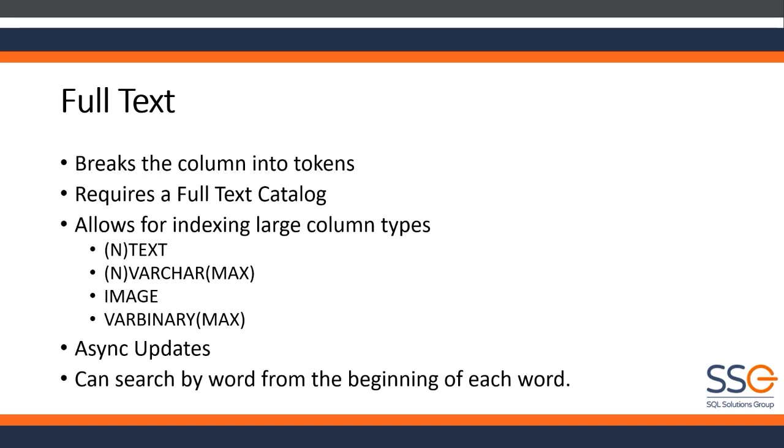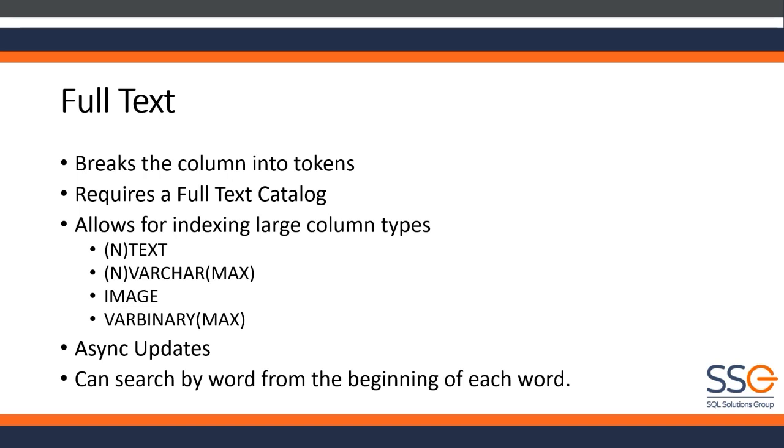It's worth noting that basically what it does is it takes all the words in your field and separates them out into tokens. And then you can search based upon the individual word from the beginning of the word. So if it had me in there, it had Richard Benner, SQL Solutions Group, 5 separate words.